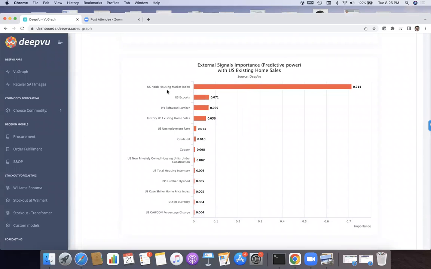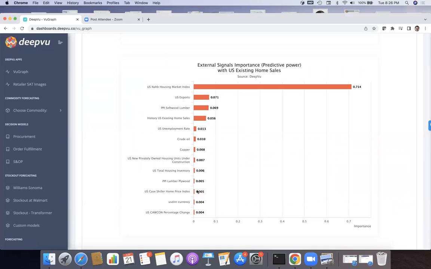So you can see the National Association of Home Builders market index is way up there. But of course, the strength of the US economy, right? So the US exports, softwood lumber is way up there, right? So a lot of the homes in the US are not steel and concrete. The majority is actually lumber. And then unemployment rate is way up there.